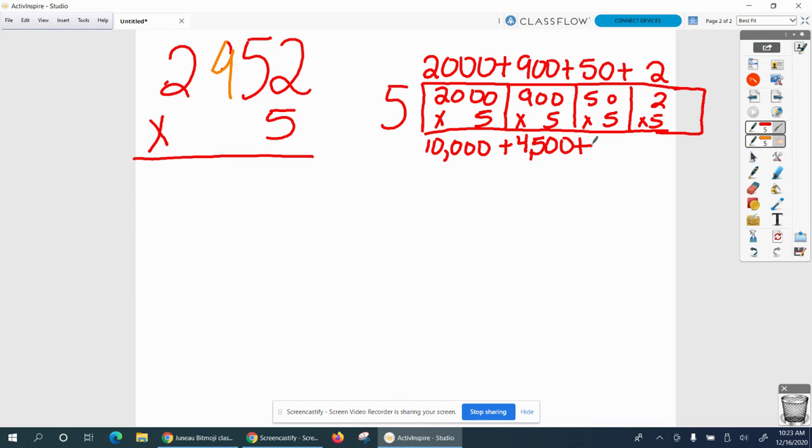5 times 5 is 25. So 50 times 5 would be 25 tens, which is 250. Sorry, it's not 2,500. It's 250.